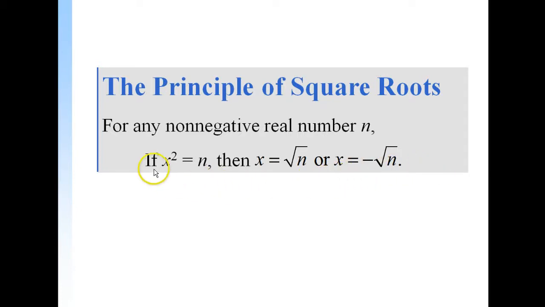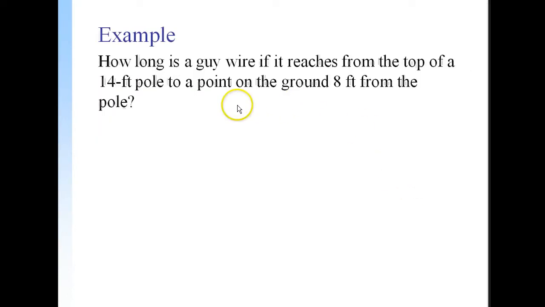So if you have x squared equals n, then x equals the square root of n, or in some cases a negative square root of n. So how long is a guide wire if it reaches from the top of a 14-foot pole to a point on the ground 8 feet from the pole?